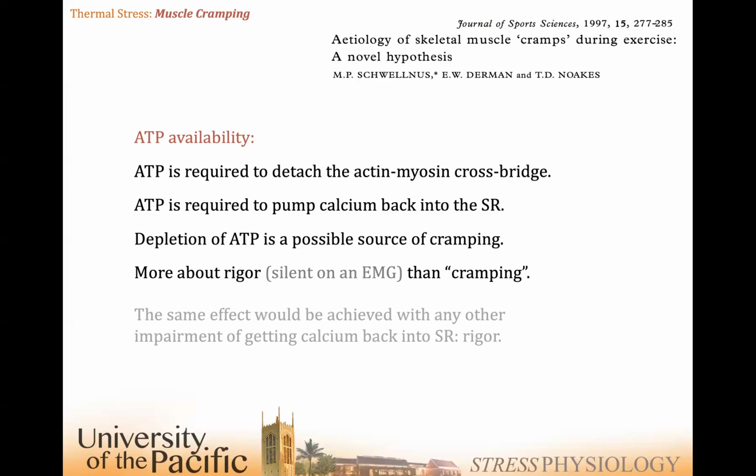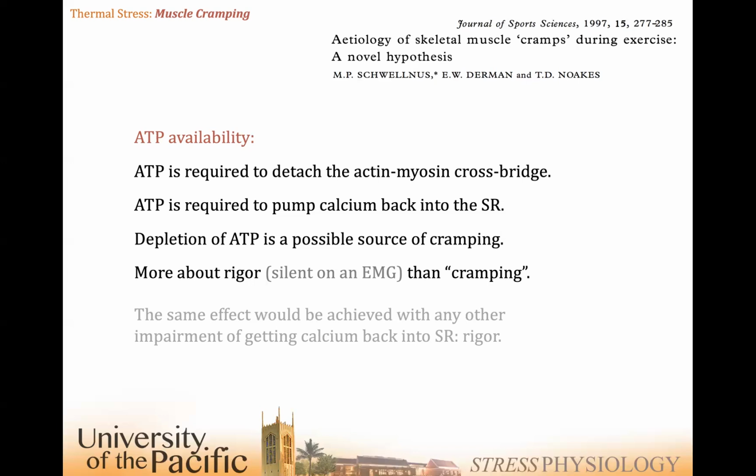Now nothing is bound there. That's still a strong bond. You've completed a power stroke. The myosin head and neck are in their flexed position, and you still have a strong bond.